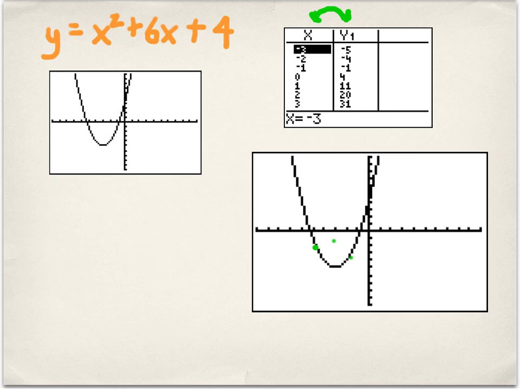So -4, -2, -1, -1, 0, 4, or 4, 0, excuse me. So it's going to look something like this, I think you can see. And then as I get to my more positive numbers, my bottom part will look something like this. Kind of a bad sketch there, but you get the idea.